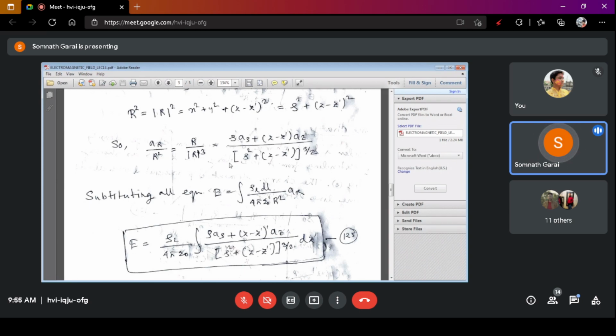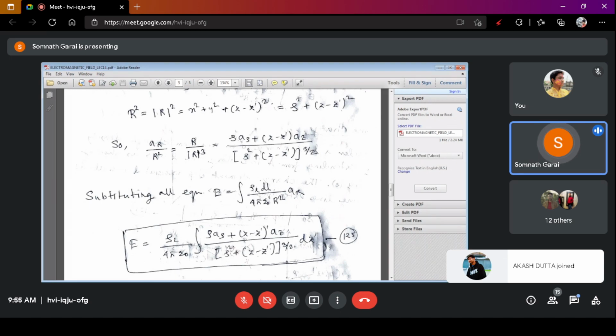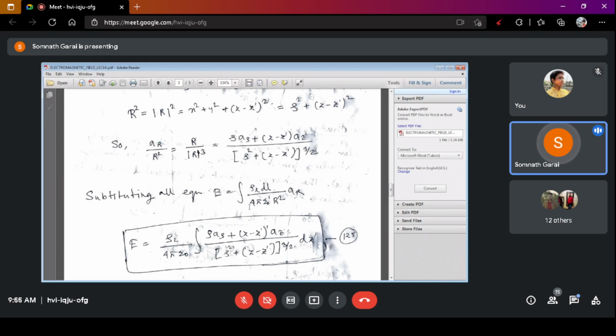In that part, rho L divided by 4 pi epsilon naught is constant, so it will be out of the integration. Now this aR by R squared is replaced by this equation.